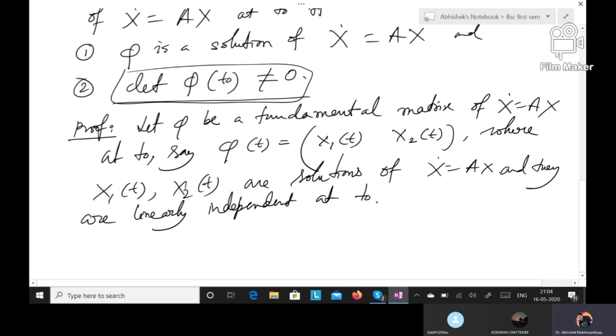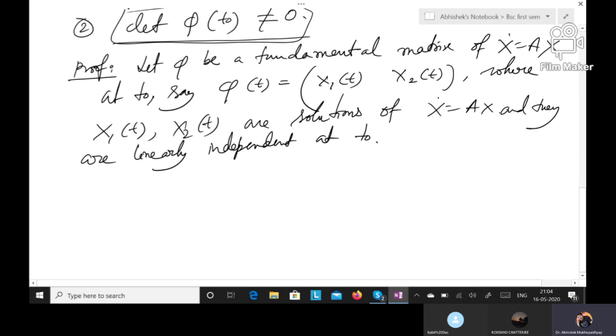And therefore, what is phi dot? We apply the derivative to the matrix phi(t).